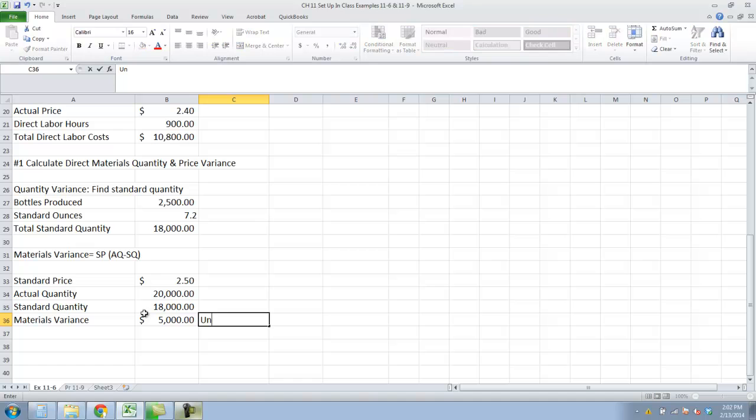And this is unfavorable because we used more ounces, actual quantity, than our standard.